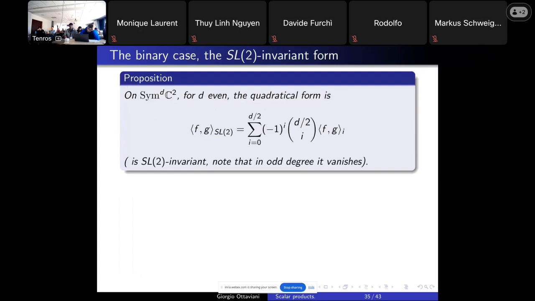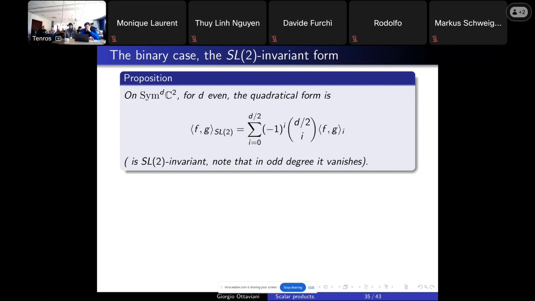Now, a very strange thing about the binary case. This, I think, is not so well known. It happens essentially in what I said in the Fourier case in one variable: sin to the d, of C2, you have a particular choice of the coefficients, which is unique, and you see with alternating sign.